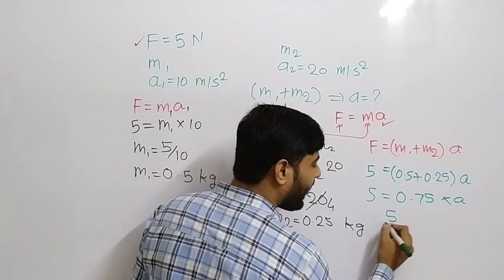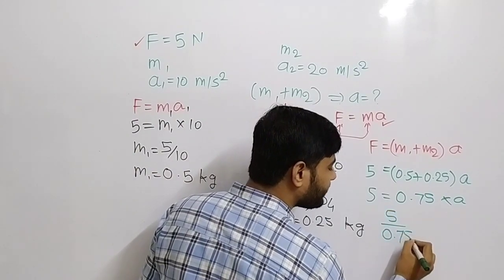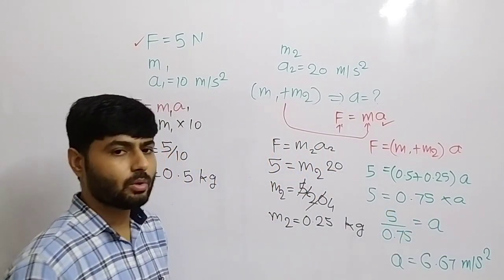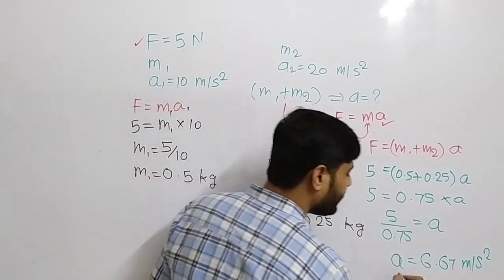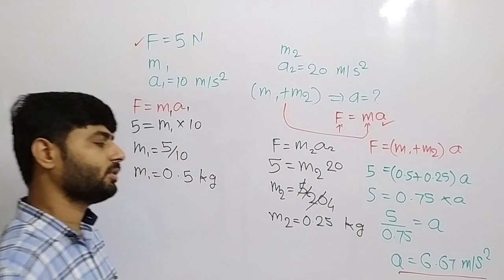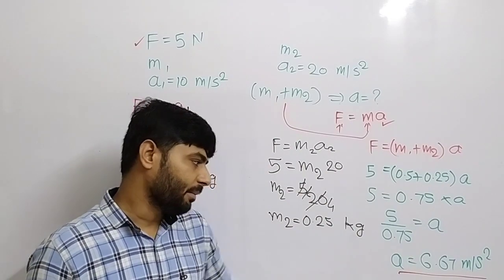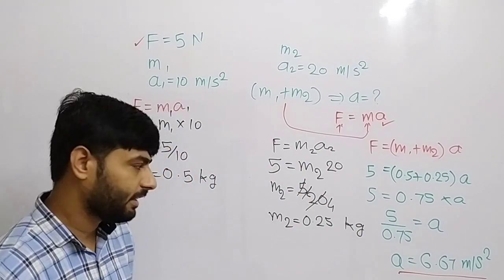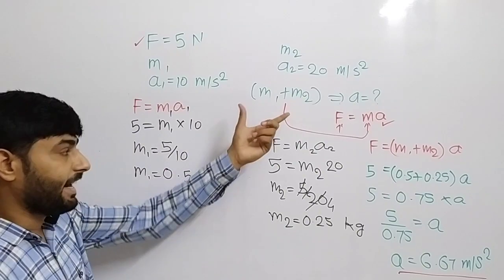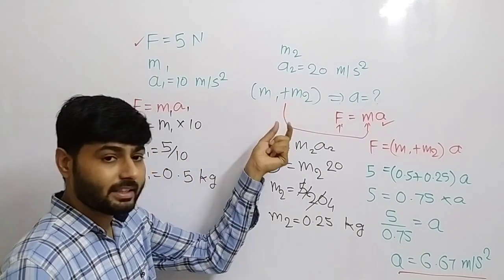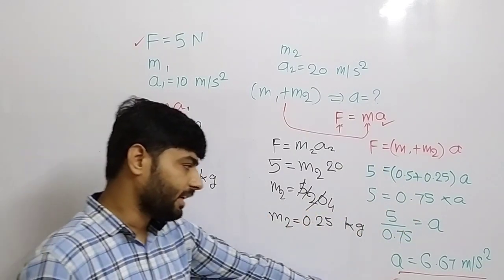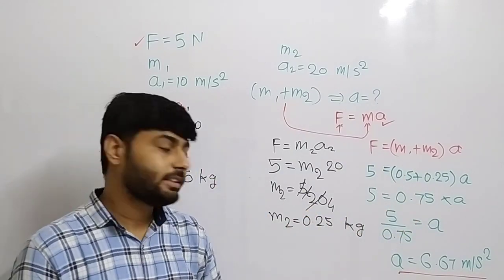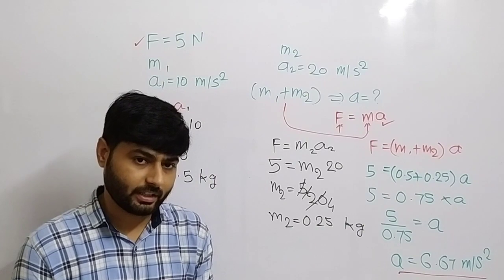So I have a is 5 divided by 0.75. By simple calculation, I get the answer a is equal to 6.67 meter per second square, which means if I tie both these masses and apply the same force on them, I will get acceleration of 6.67 meter per second square.